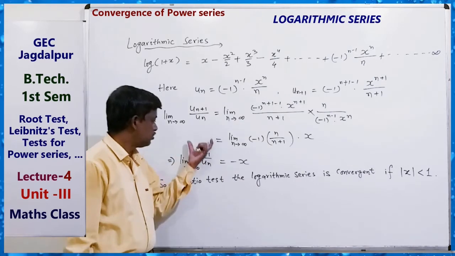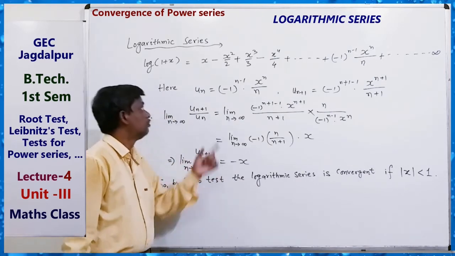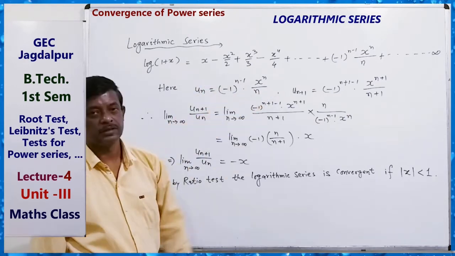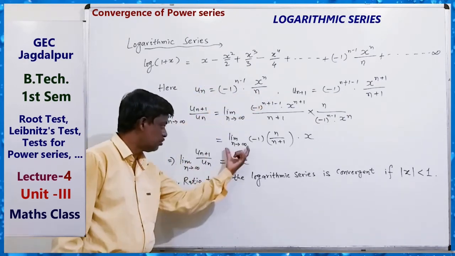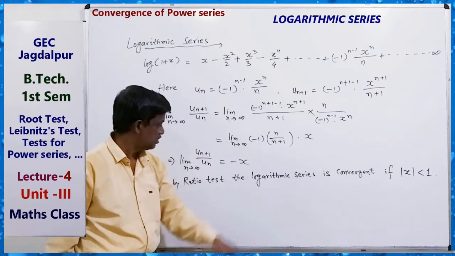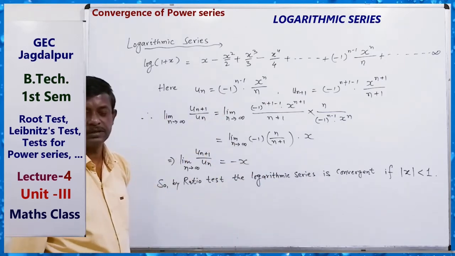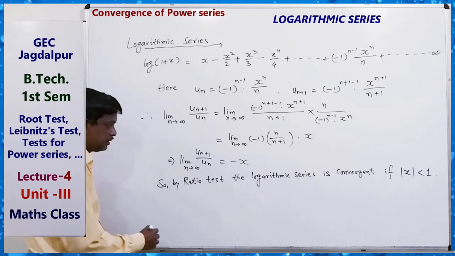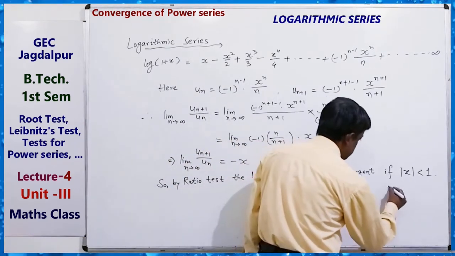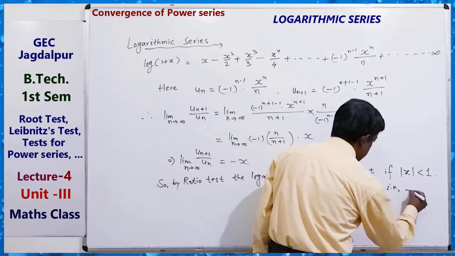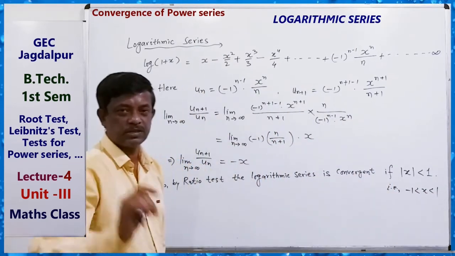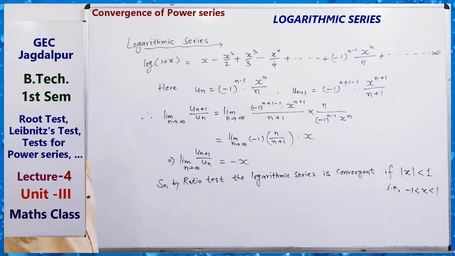We take the modulus sign because this is an alternating series. So if modulus x is less than 1, then convergent. Okay. And that is minus 1 less than x less than 1. Now for minus 1 and plus 1, we have to check.